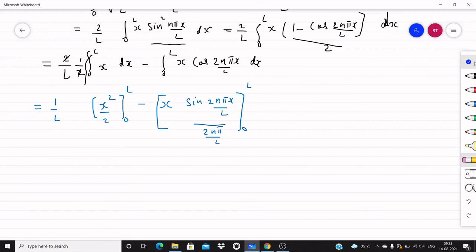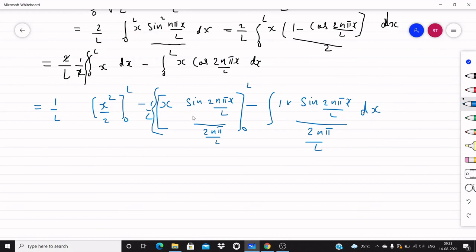So I'll write 1 by L here itself. 1 by L, minus 1 by L. Now, first function into integral of the second minus integral of derivative of first. That means 1. D by dx of x is 1 into again integral of the second, sine 2n pi x by L divided by 2n pi by L dx.